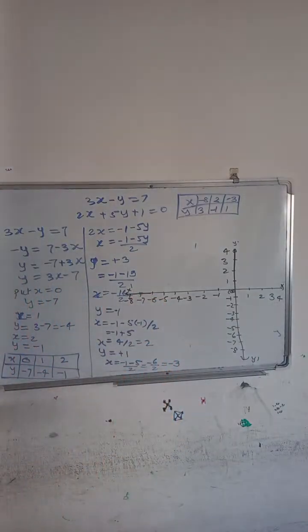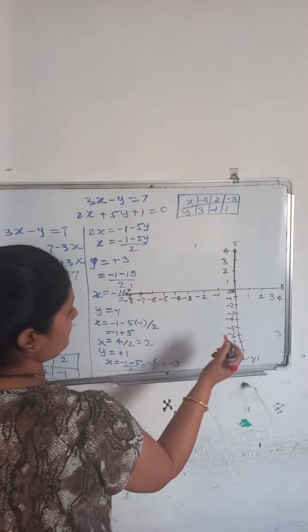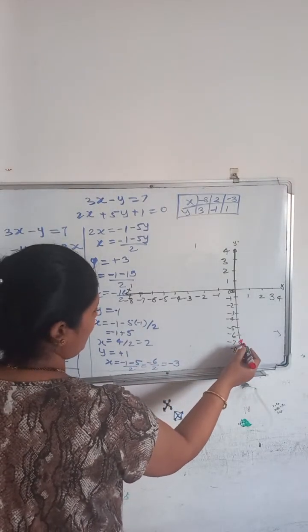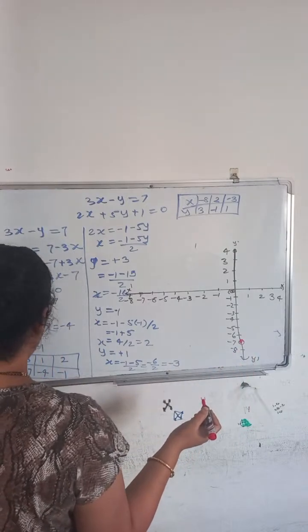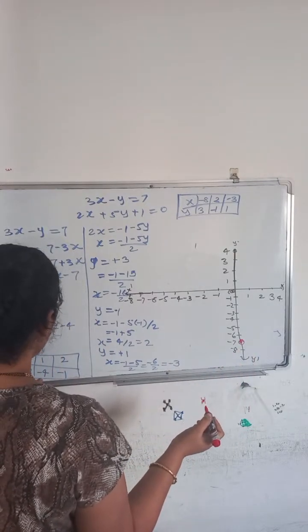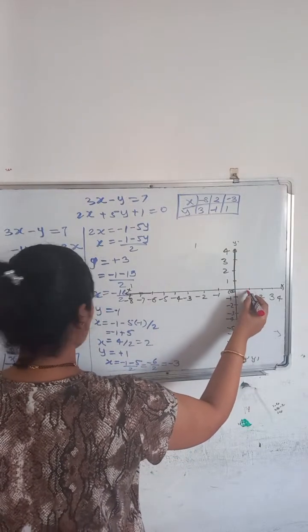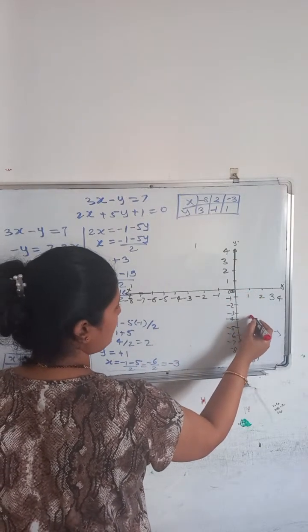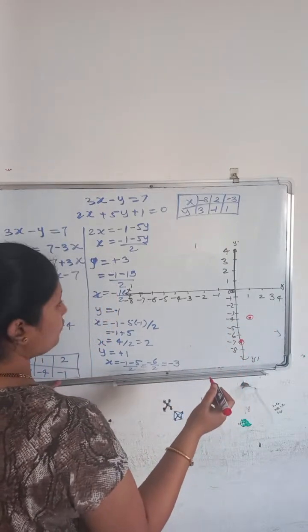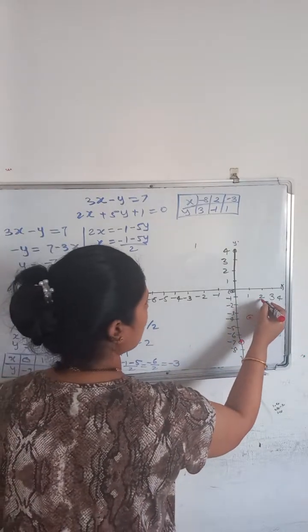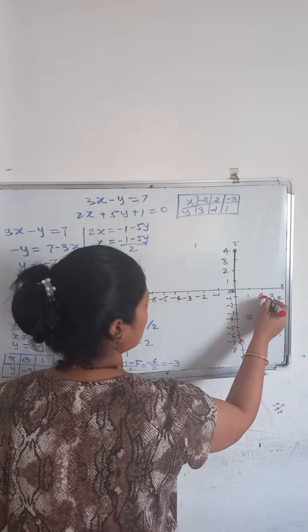Now plot the graph for equation 1. For equation 1: 0, -7; 1, -4, that means somewhere here; and 2, -1, so this side.